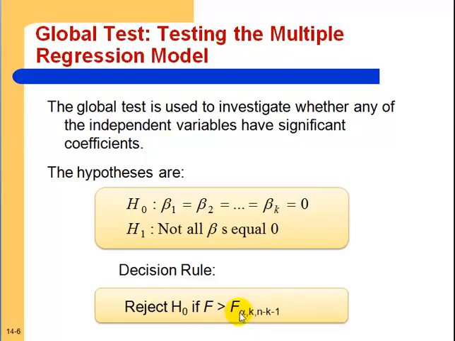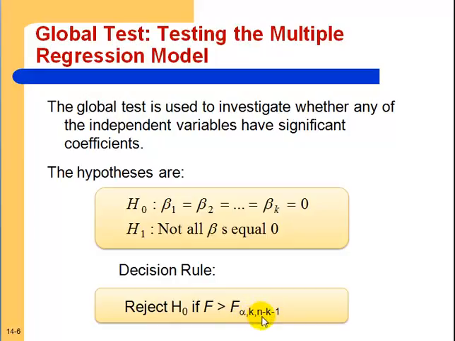So alpha is the significance level. Usually it is given information. K is the degree of freedom I just mentioned. The k number is the degree of freedom for the regression, and n minus k minus 1 is the degree of freedom for the residual.